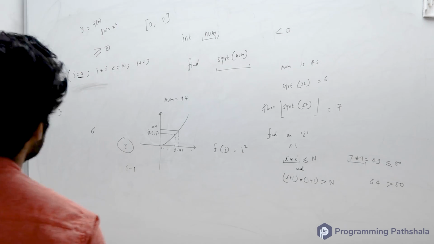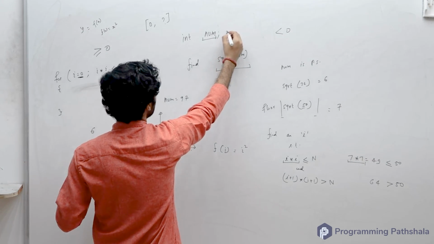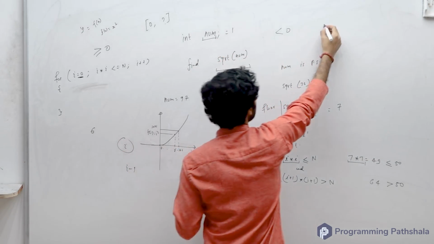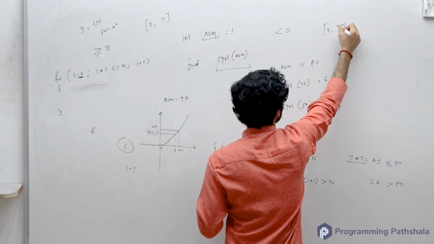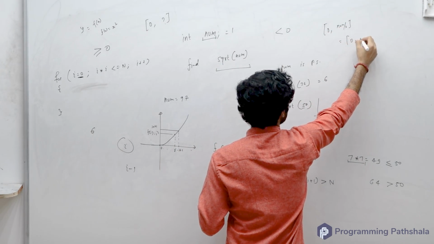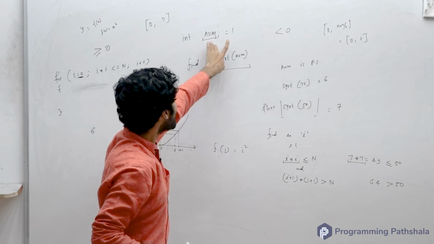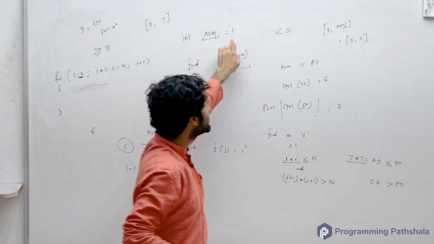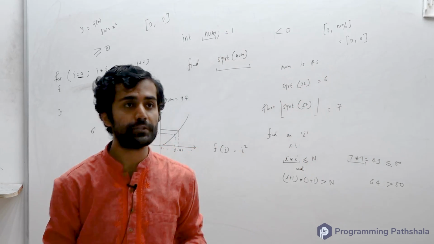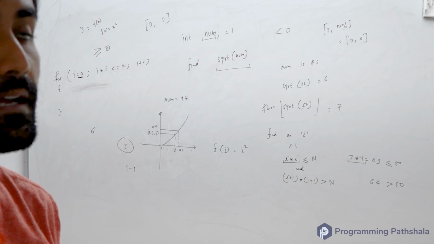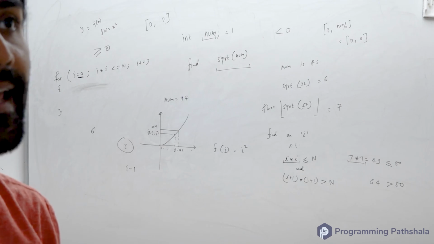Because if this number num was 1, and you are considering a range from 0 to num by 2, your range would have been 0 to 0. But the square root of this is 1, and does 1 fall within this range from 0 to 0? No, right? So what is the safest range that I can have?